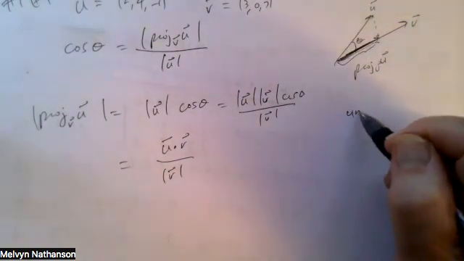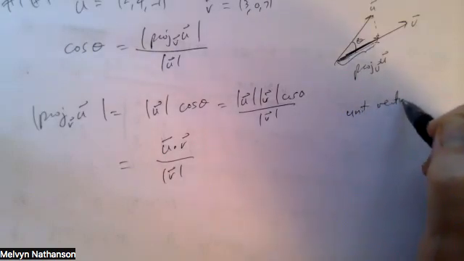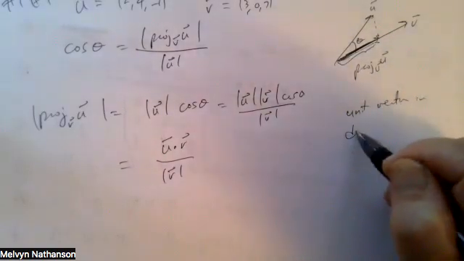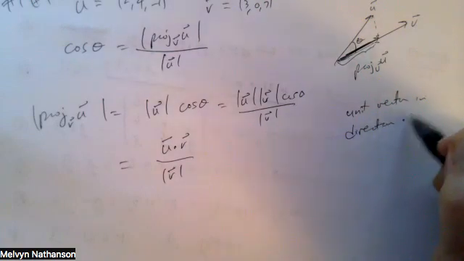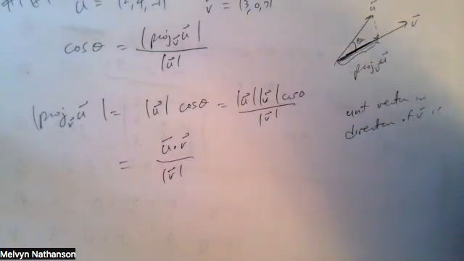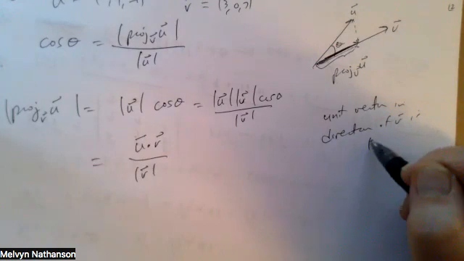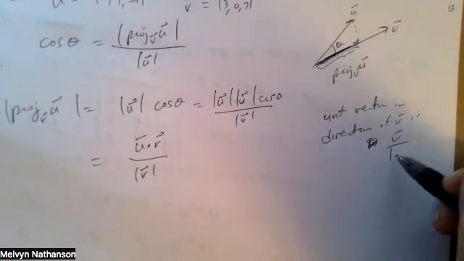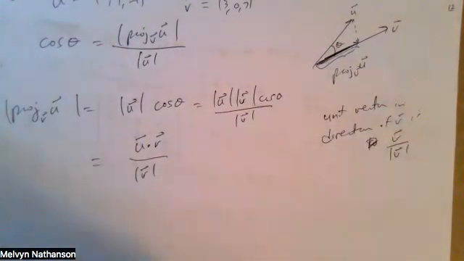So the unit vector in the direction of v is just v divided by its length.